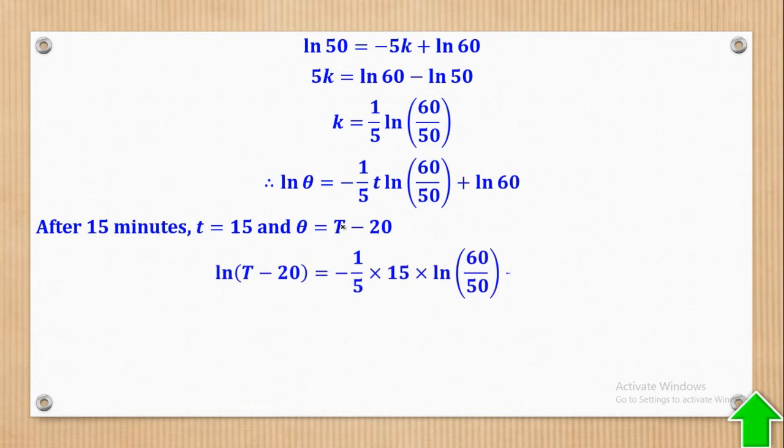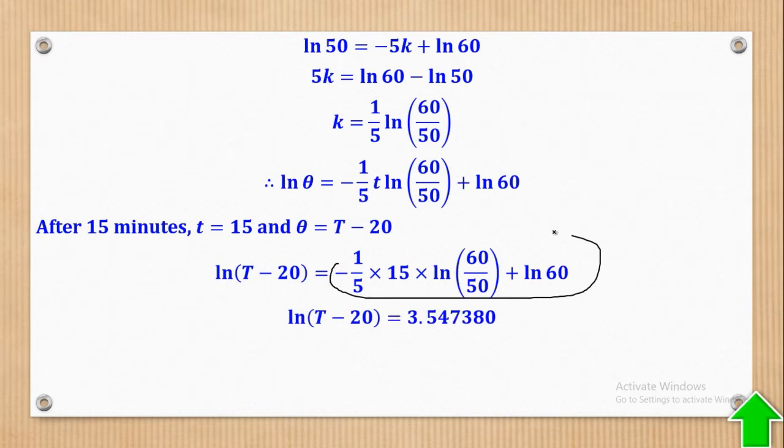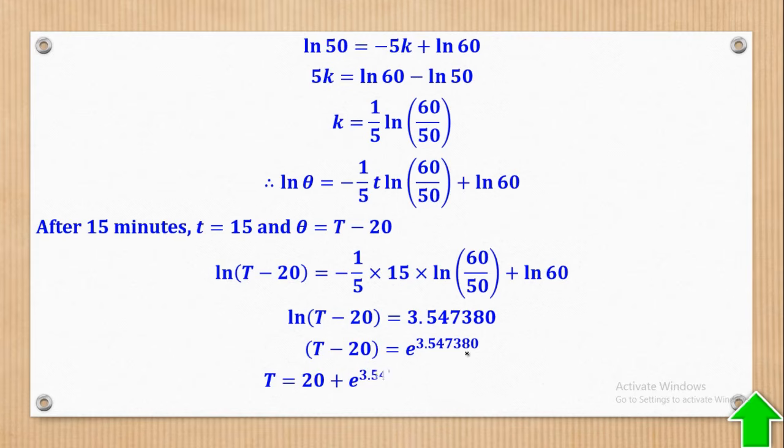Therefore I substitute for this theta and also for t, and next is to use the calculator to simplify this side to come up with this, then put ln to come up with that, then make T the subject to come up with 54.72 degrees Celsius.